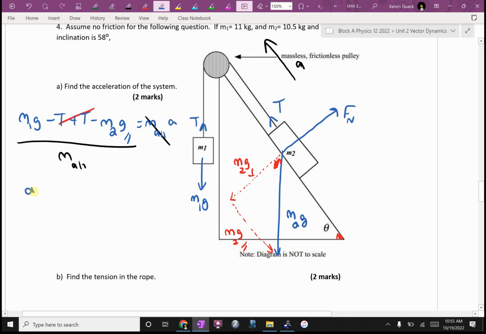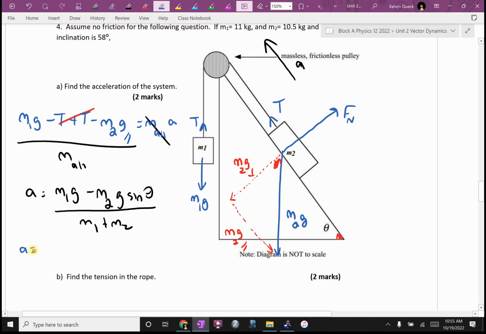Now I'm going to get a equals m1g minus m2g sine theta, all over m1 plus m2.